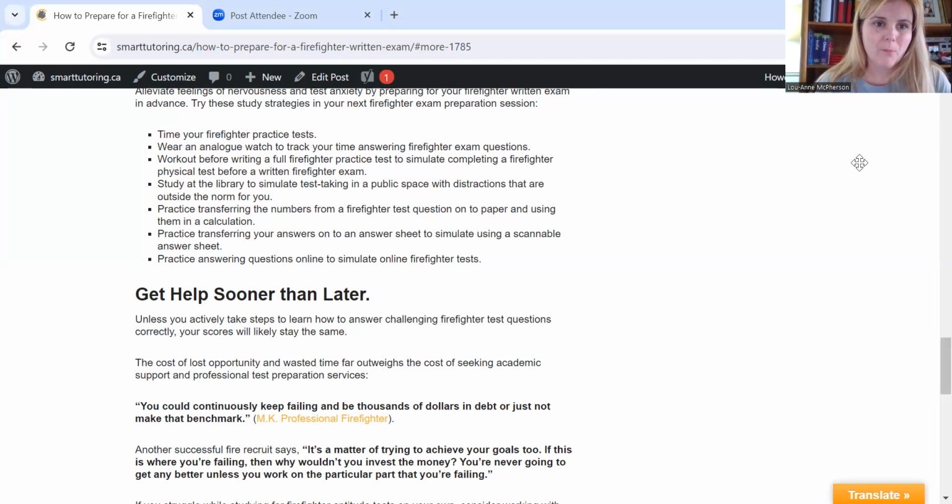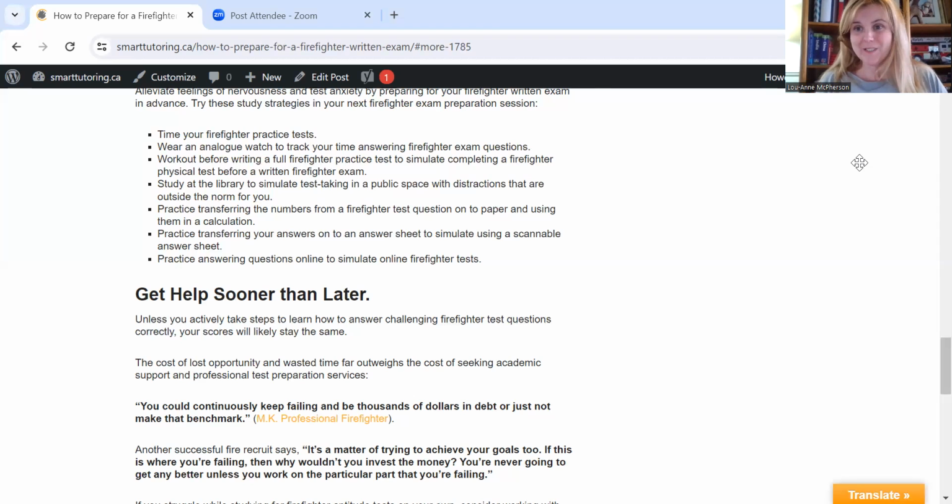That's point number one, time your firefighter practice test. The second point is wear an analog watch to track your time answering firefighter exam questions. This reminds me of a student. I teach time management in my tutoring sessions in terms of how to approach a test, how to answer questions in a test, what sections to go through, how to go through each section.